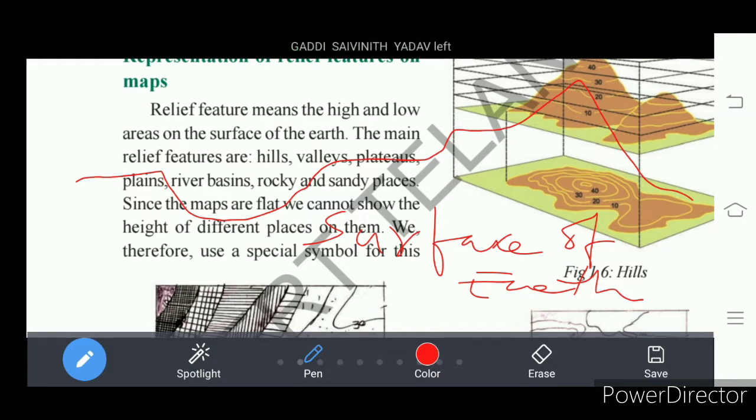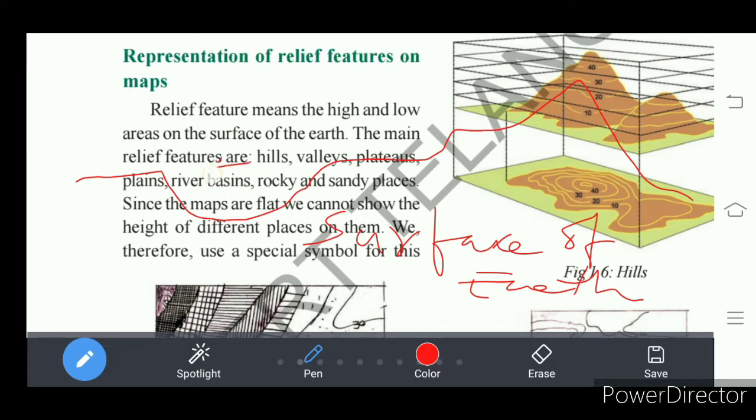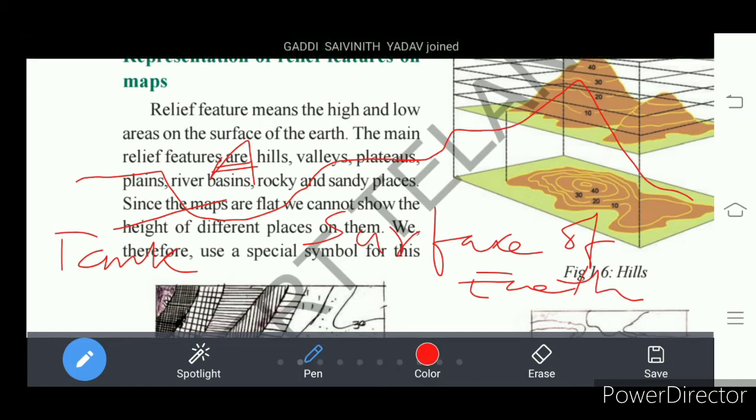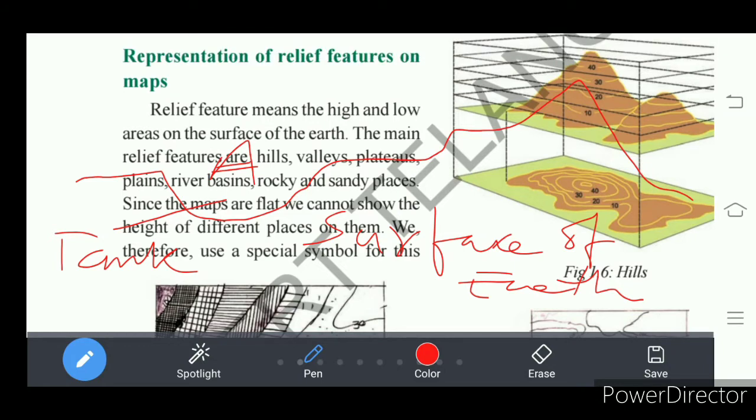Here it is one kind of shape, that is a swallow pot. It may be a tank filled with water, or maybe a small river flowing from it.